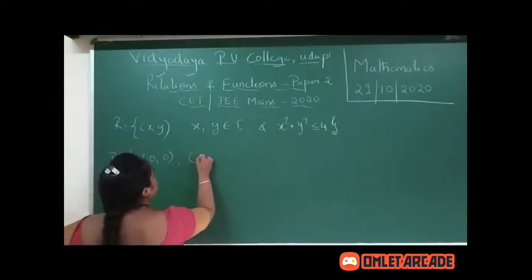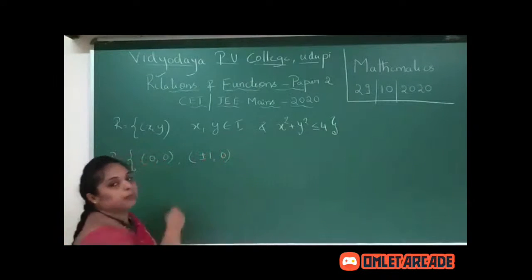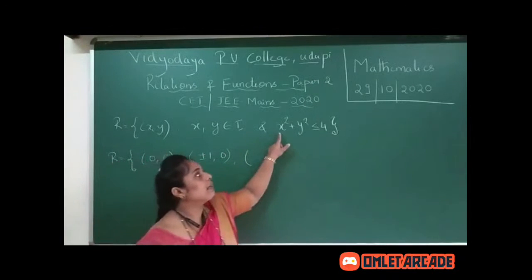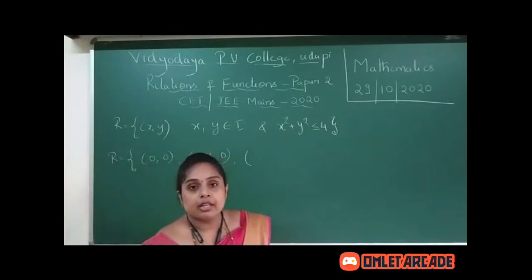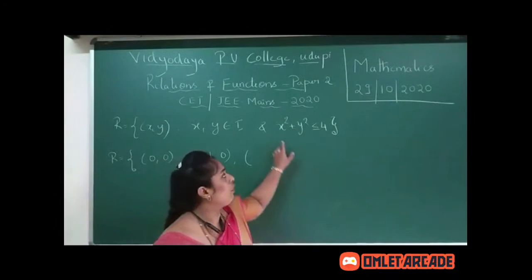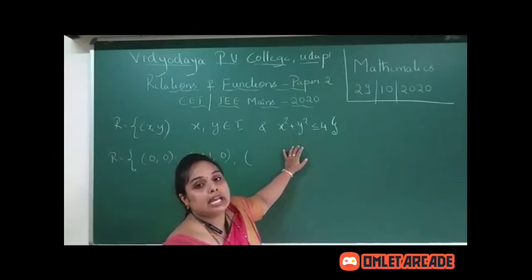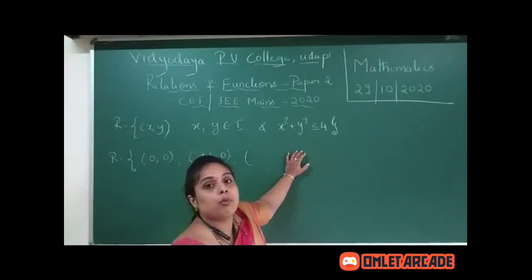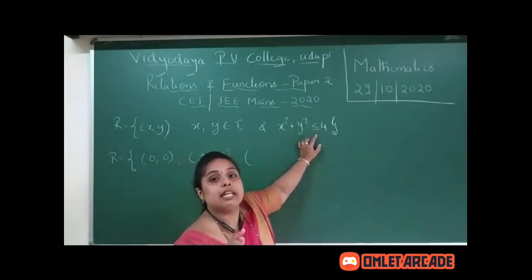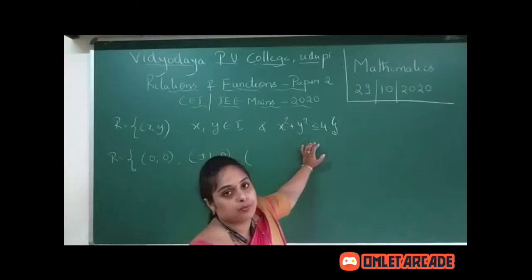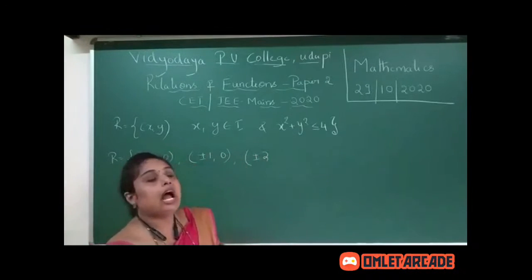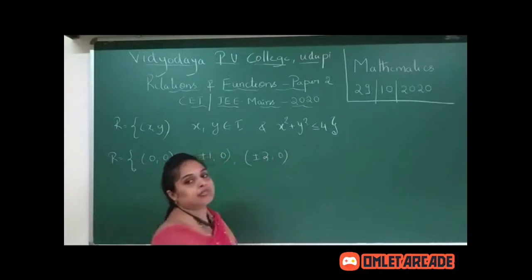So I can even write plus or minus 1, 0. Next, what if I put x as plus or minus 2? Plus 2 square or minus 2 square, both are equal to 4. And if I put y as 0, I'll get 4 plus 0, which is 4. According to the given condition, it can be less than or equal to 4 also. So I can even substitute x as plus or minus 2 and y as 0.